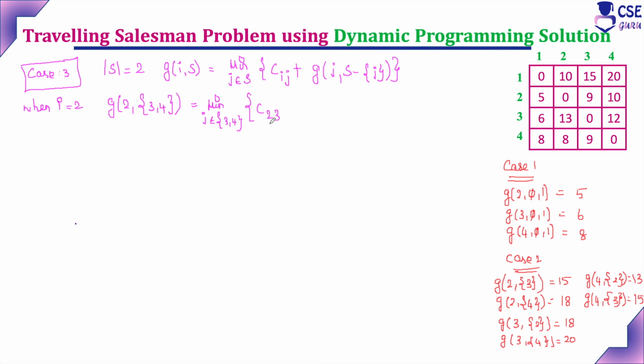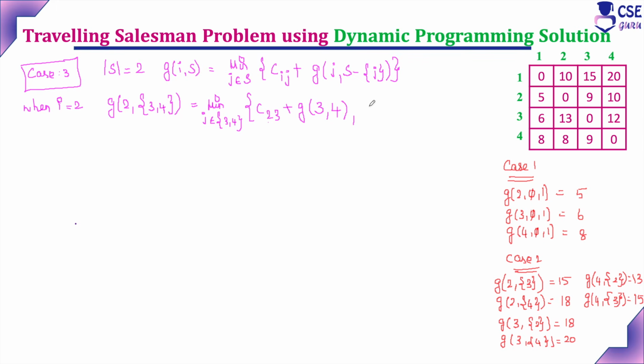Current city going to be visited is 2 and the next city is 3. After visiting 3, you have to visit 4. That is the meaning here. Plus G of, after visiting 2, you have to visit 3, and then after visiting 3, you have to visit 4. If you are considering the third city to be visited after visiting 2, this is the function.